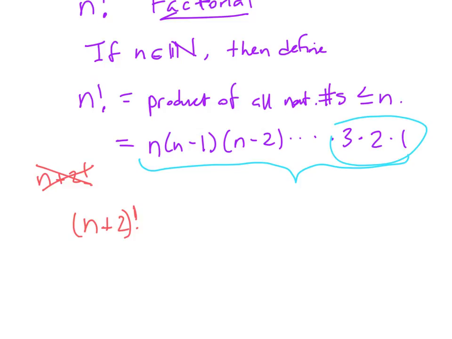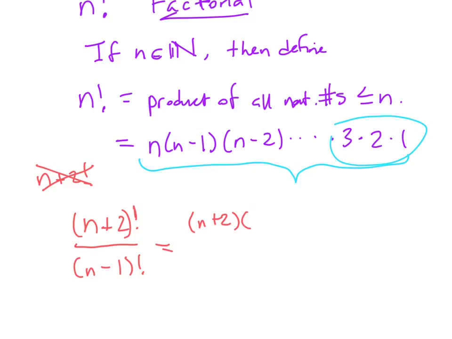So I'm going to write n plus 2 quantity factorial over n minus 1 quantity factorial, and see if I can simplify this, because we're going to encounter problems like this quite often. So that factorial on top is the product of all the natural numbers from n plus 2 down to 1.